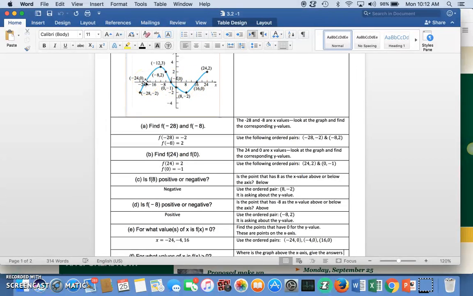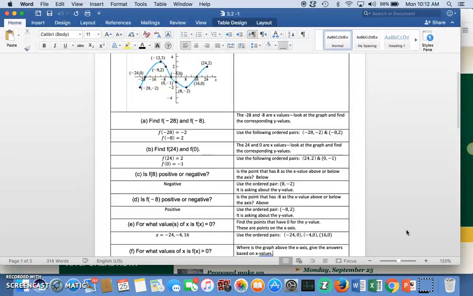Here, x is negative 24. Excuse me, this is negative 24. That's the first one. Negative 4 would be the second one, and 16 would be the third one. Those are your 3 values where f of x is equal to 0. And of course, if you needed to write it as ordered pairs, I've given you how to do that.